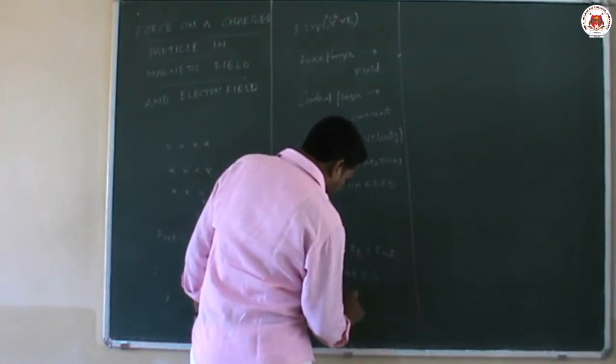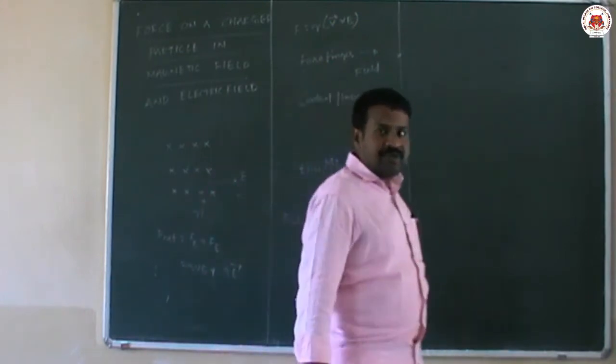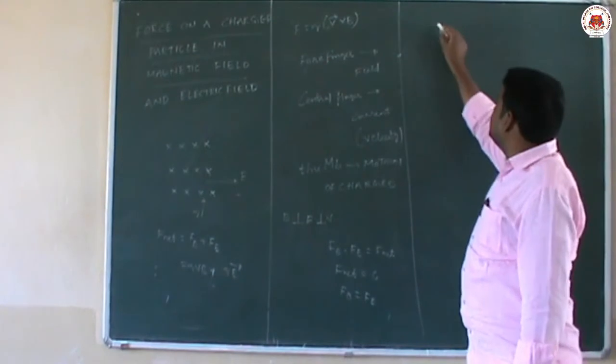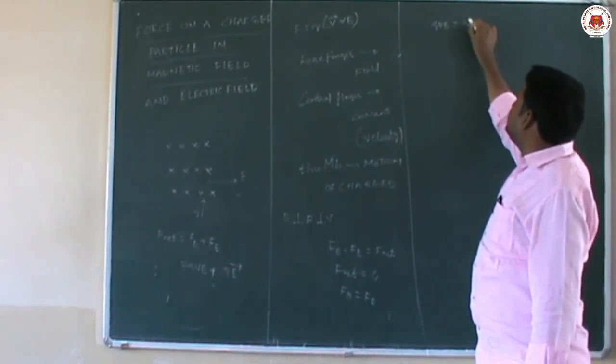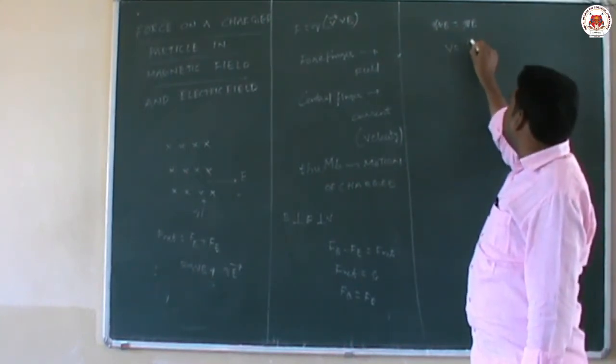In that case FB is equal to FE, force due to magnetism equals force due to electricity, that is QVB is equal to QE. Then Q gets cancelled, so V is equal to E by B.